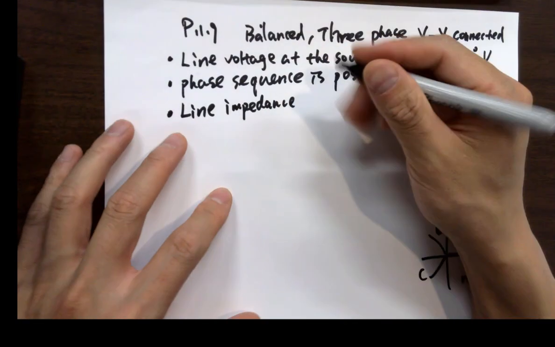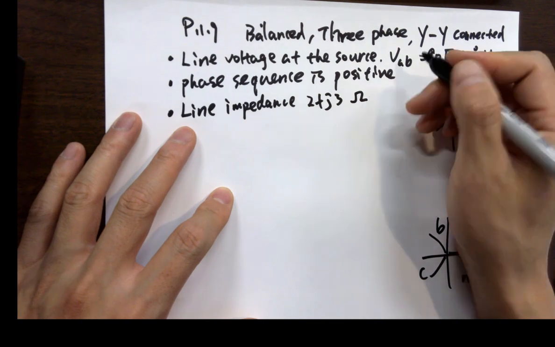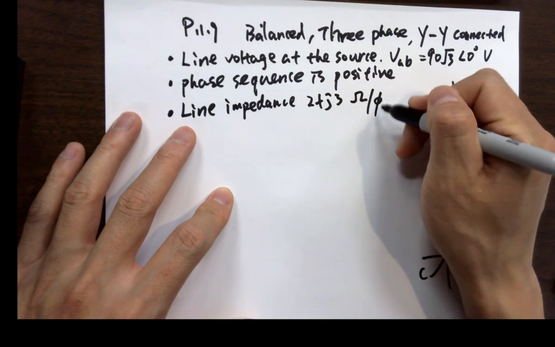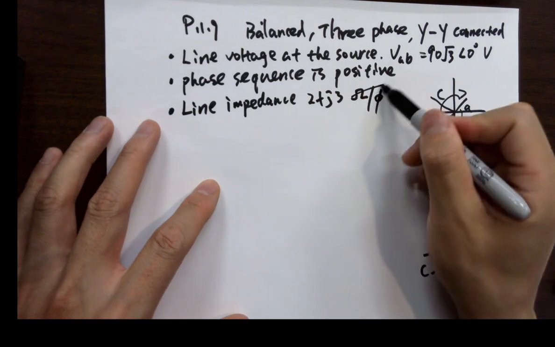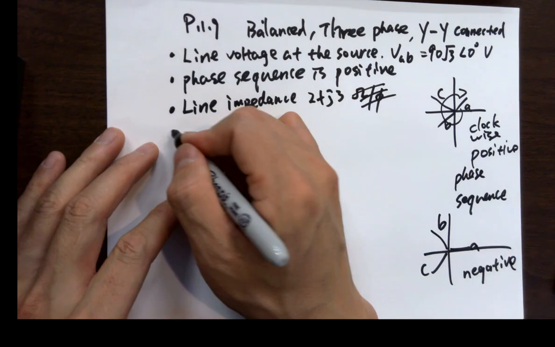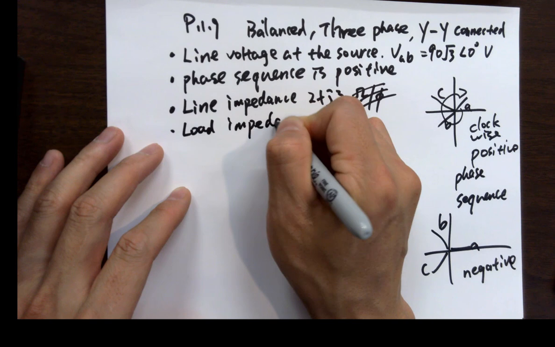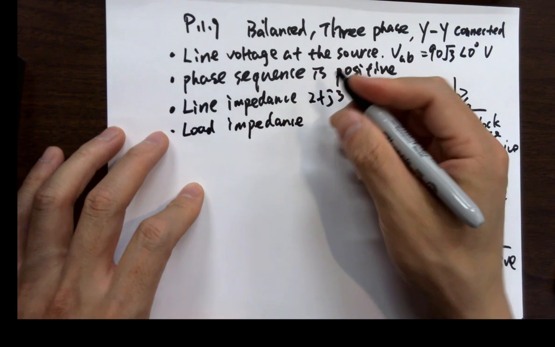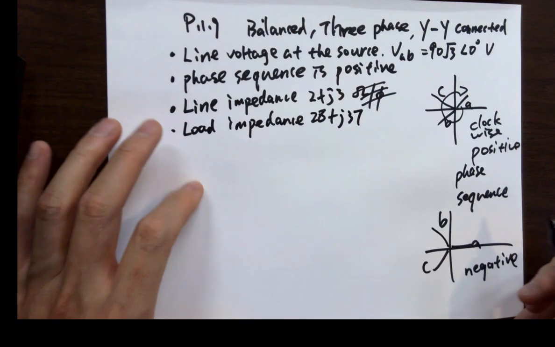Line impedance is 2 plus j3 ohms per phase, whatever. It's just a unit, don't let it confuse you. Just 2 plus j3, okay? And the load impedance is 28 plus j37.